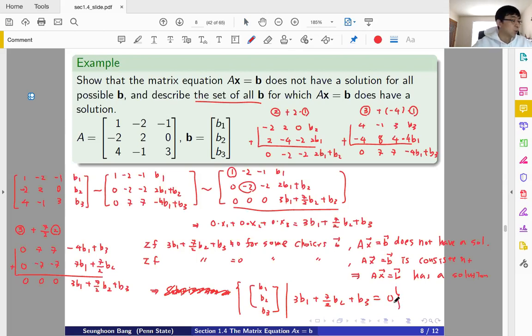In this case, we have a solution. This is the answer to this problem, and this is the whole idea for solving it.